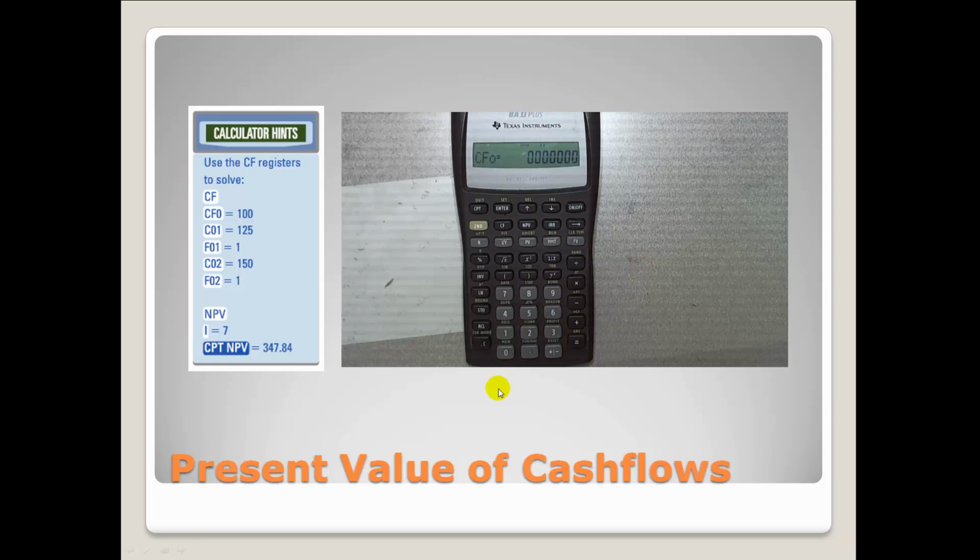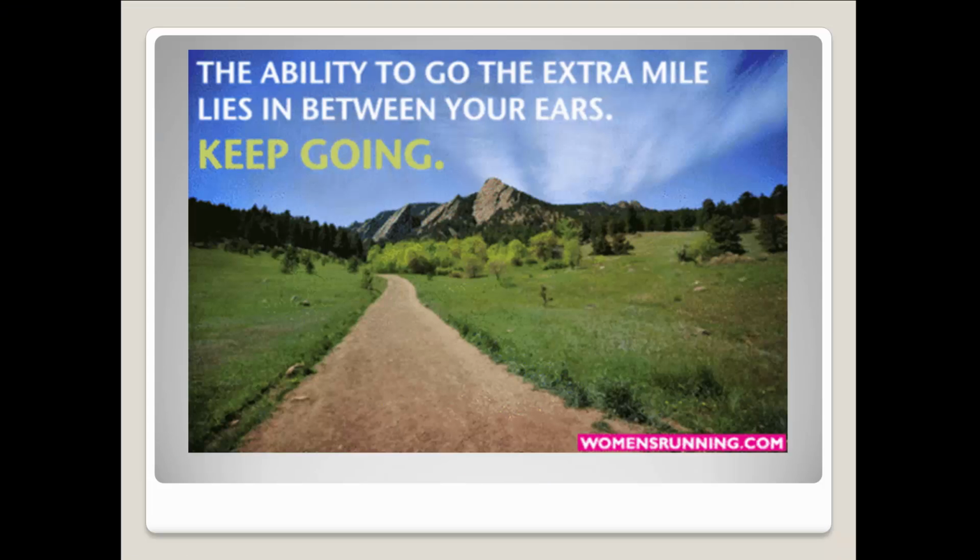Okay, so hopefully that video will help you set up your cash flow registers in your calculator. This is something that can be a bit challenging, but if you have any problems, let me know and I'll try to help you out if you are using the BA2 Plus, because that's the calculator with which I'm most familiar.